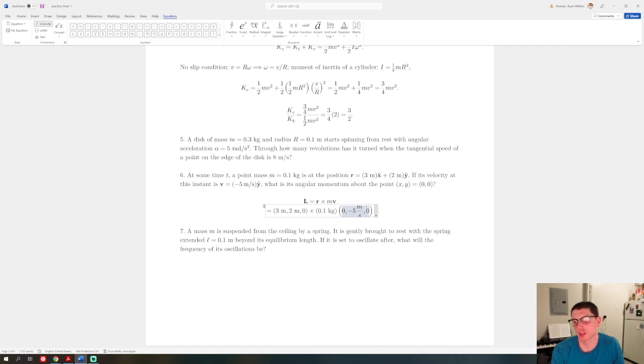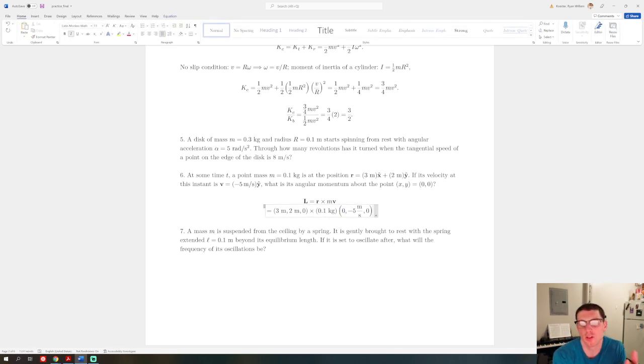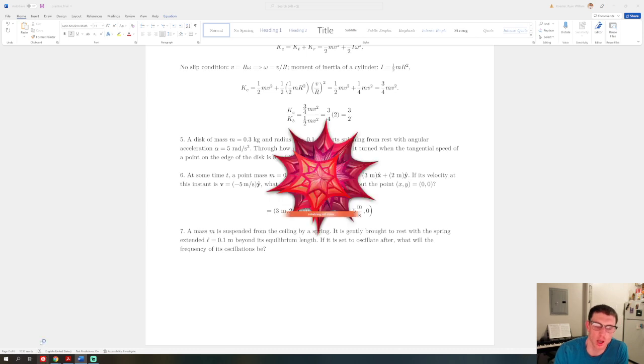And so it just comes down to evaluating this. Alternatively, right, you could just evaluate r cross v and then remember to multiply whatever you get there by 0.1 kilograms. That's a property of the cross product that is okay to use, right?